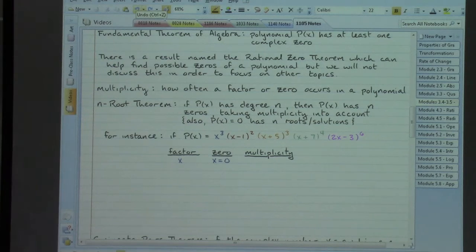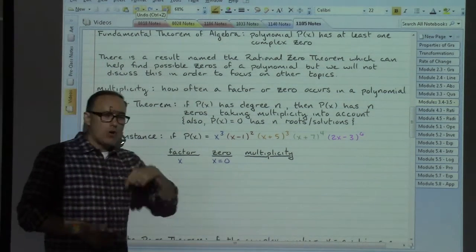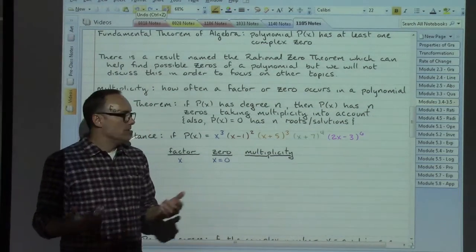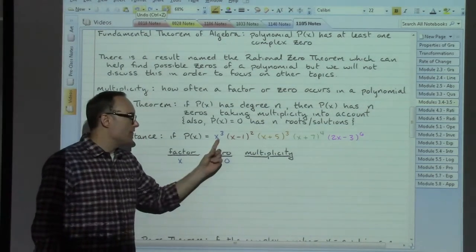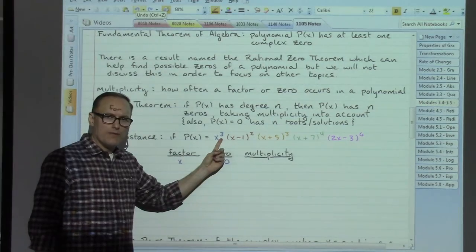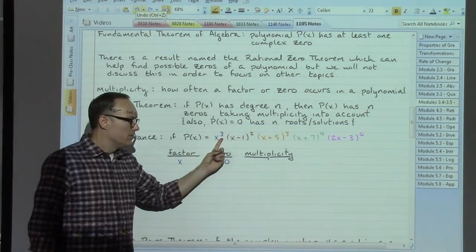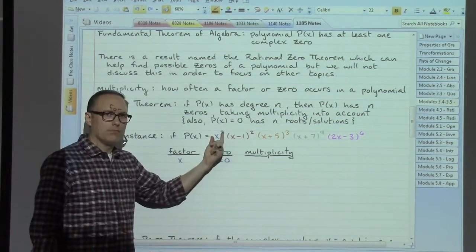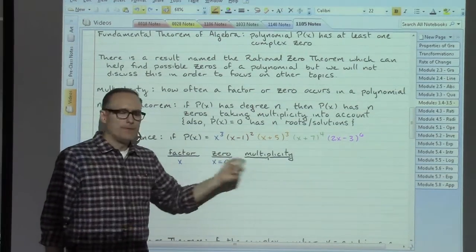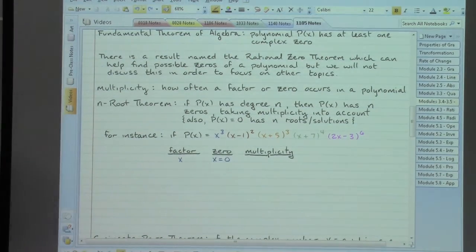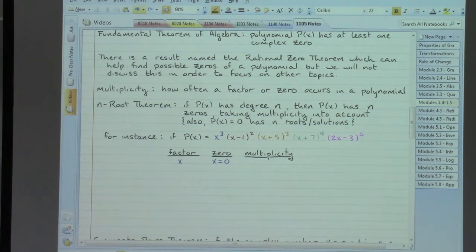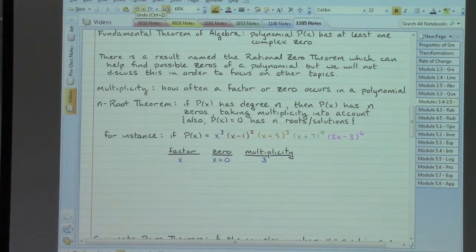Now let's bring in this multiplicity. How often did the factor x show up in the original polynomial? Well, that's just a fancy way of referring to what is the power that's attached to that factor. That's a 3. That multiplicity that we've got showing up for that particular factor and that particular zero is a 3.